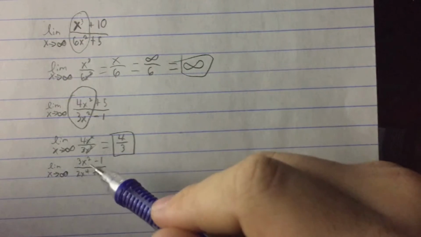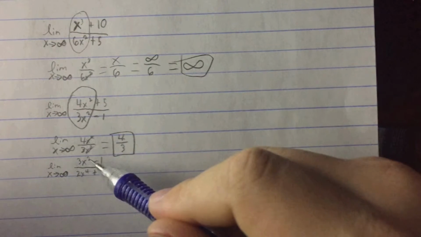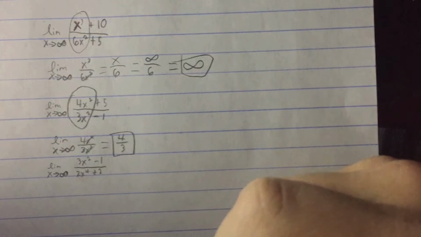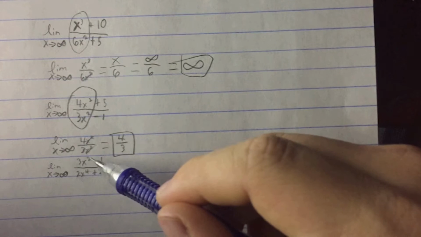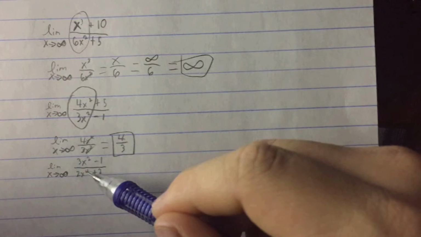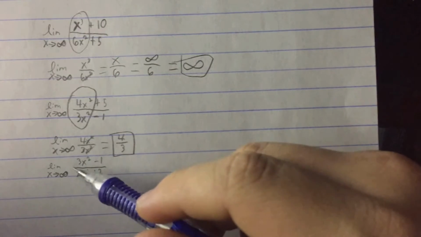The final case is when the exponent of the leading term on top is smaller than the exponent of the leading term on the bottom.